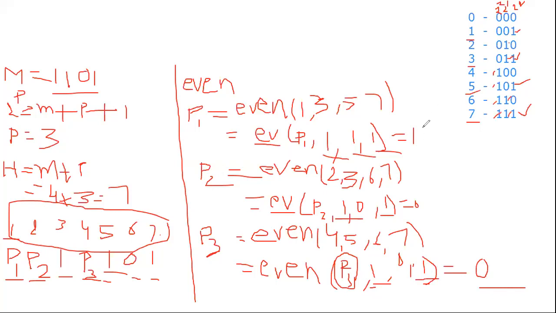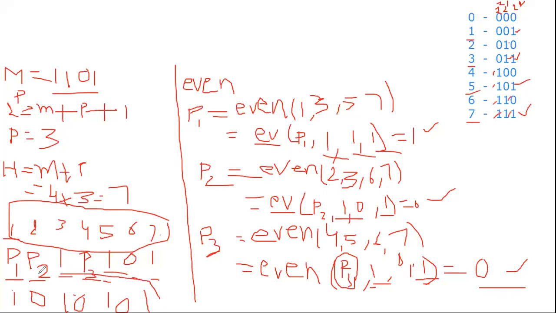So we get P1 equal to 1, P2 equal to 0, P3 equal to 0. Now substituting here, we get the Hamming code. That means P1 is 1, P2 is 0, the message bit is 1, P3 is 0, then the message bits 1, 0, 1.